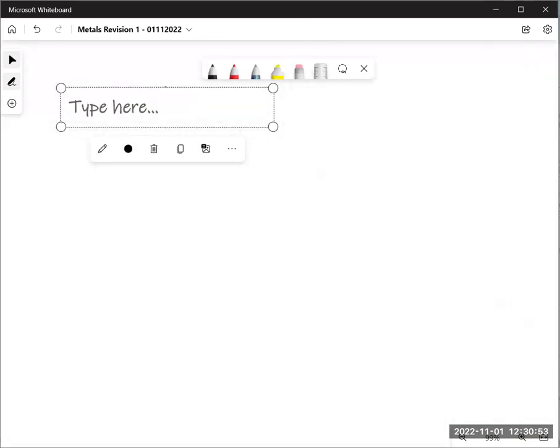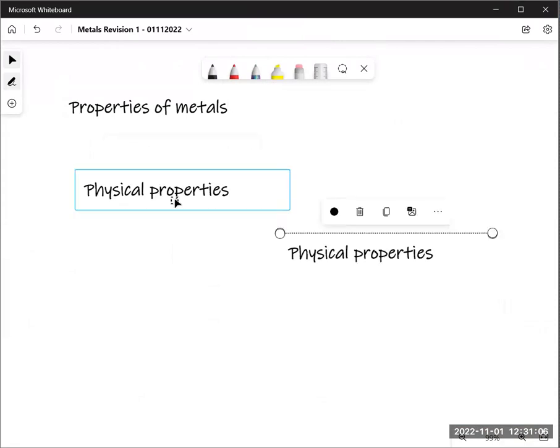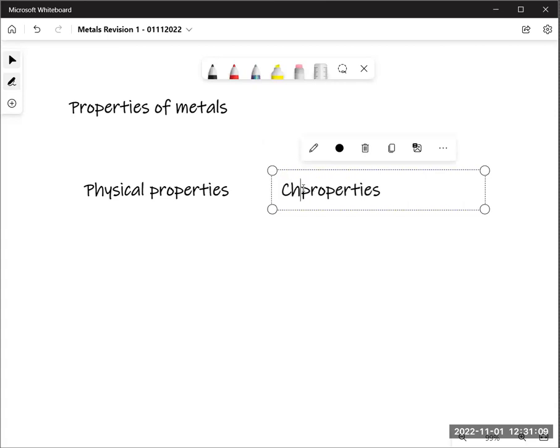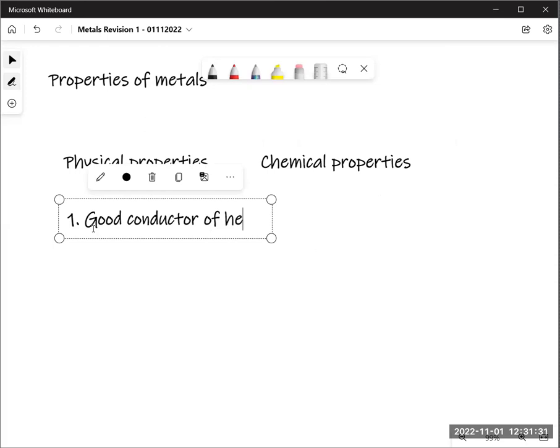First thing we need to know about metals are the properties of metals. First, we'll look at physical properties, and we'll look at chemical properties. Now, the first physical property is that they are good conductors of heat and electricity.